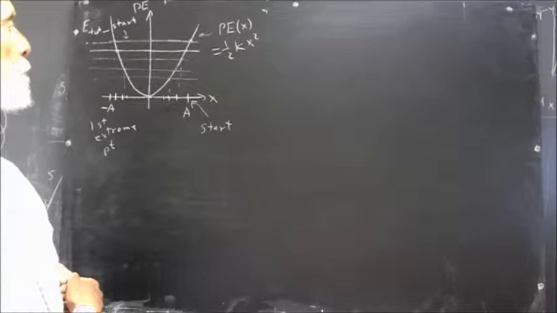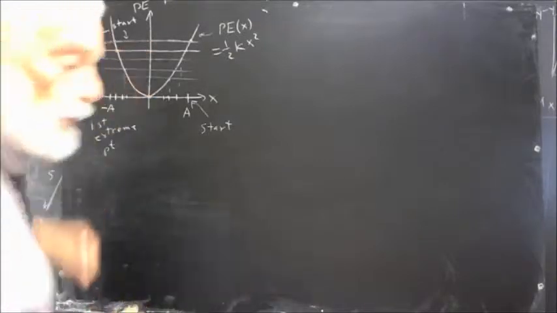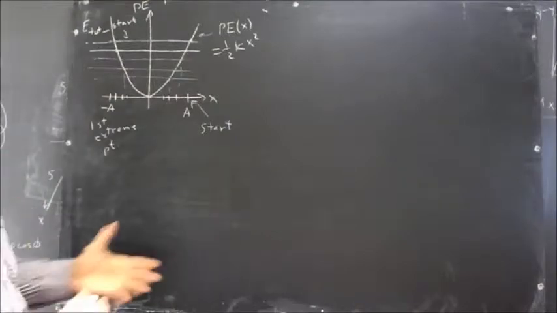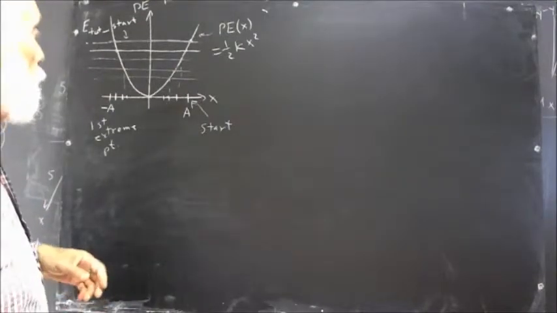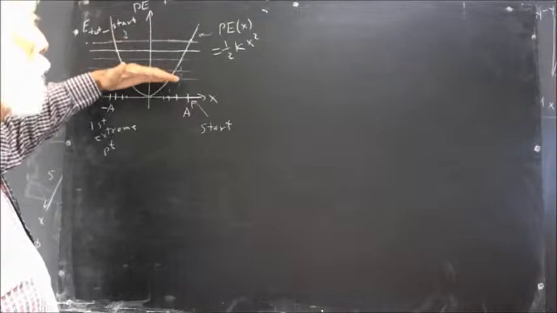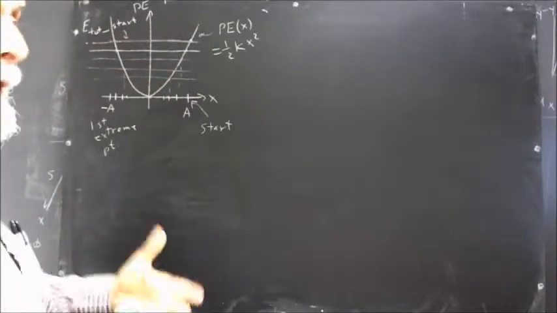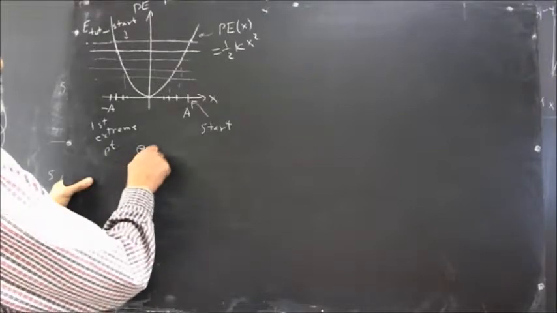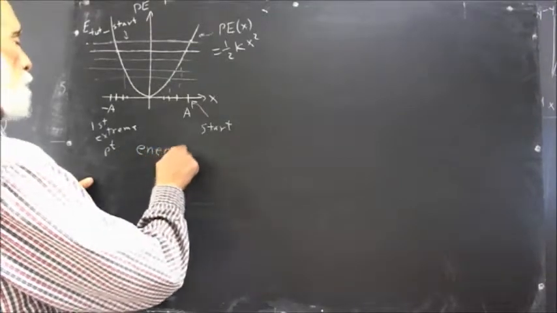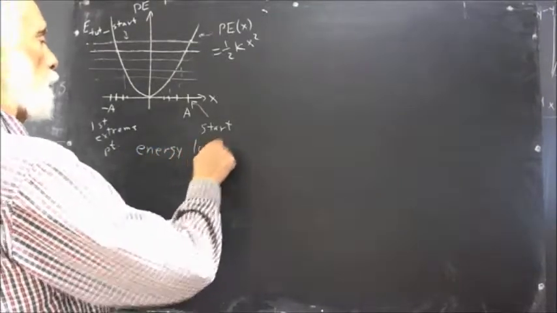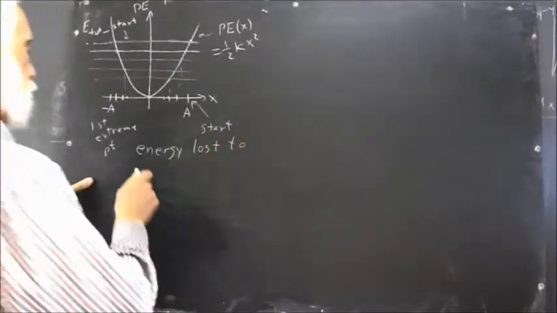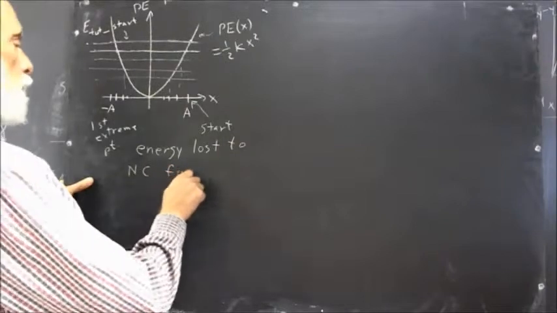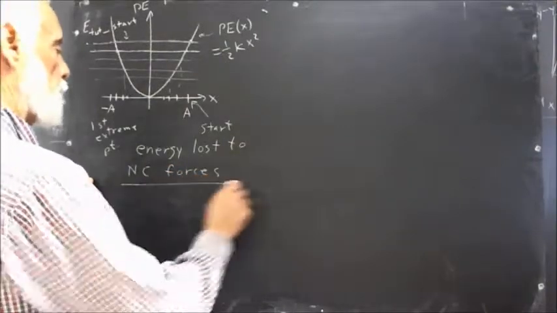And I don't want to try to draw that because the drawing really would need a third dimension to develop in time. But you get the idea. You have a system that's losing potential energy because of non-conservative forces. Okay, so energy is lost to non-conservative forces.